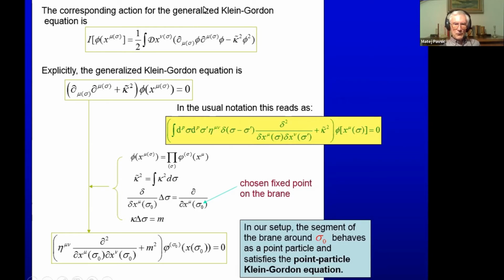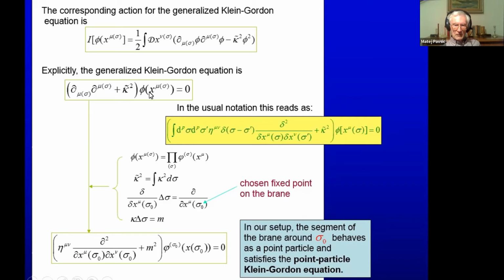So if you perform variation, then you get this equation here, which in the usual notation has this form here. So a functional of the embedding function, and here this operator in which you have a doubled functional derivative and this.